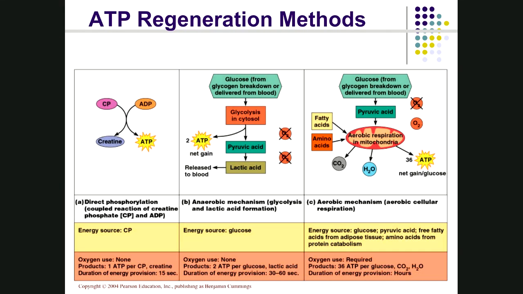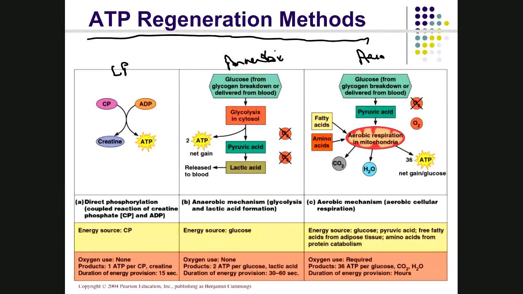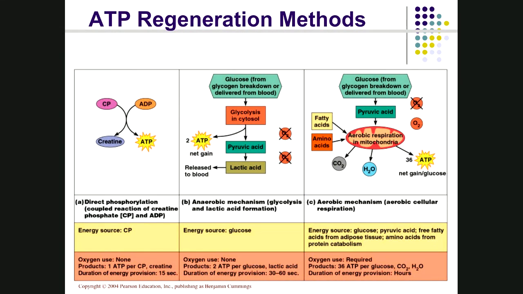So, 3 ways that we replenish or regenerate the ATP: creatine phosphate, anaerobic glycolysis, and then aerobic respiration. So if you do go to, say, an exercise class or something where you have a trainer, they're always constantly telling you to check your pulse.